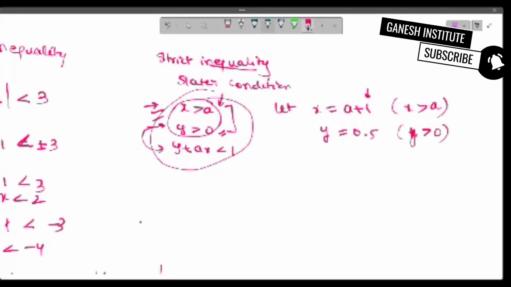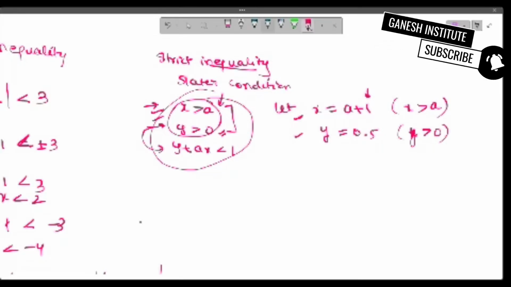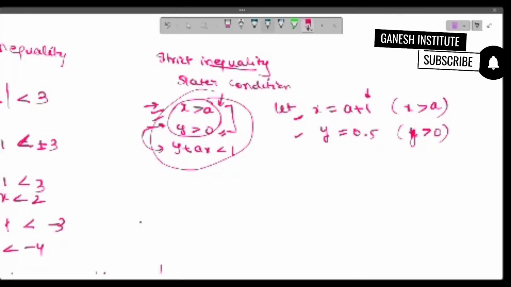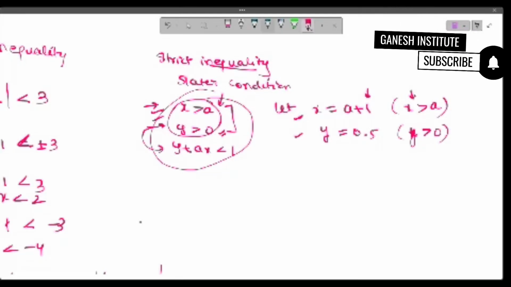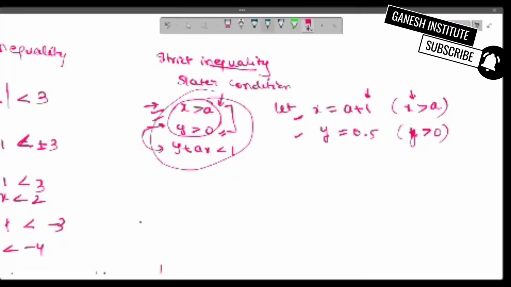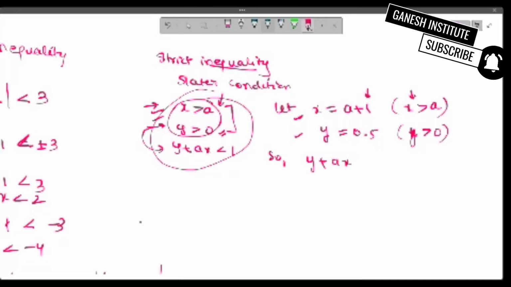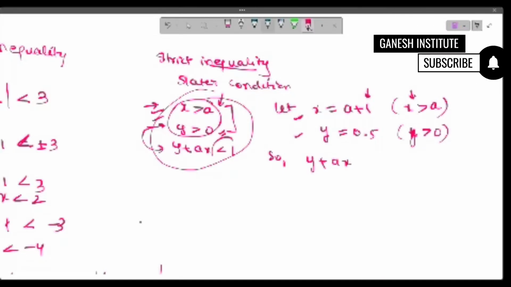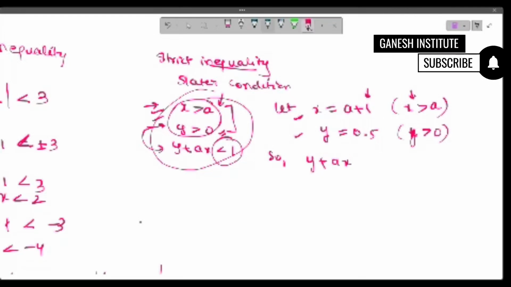Just see the logic. Once you have already considered that the first two are true, I mean, you have considered any value from the limit, then check it for the third one. Substitute all those values and see whether it is coming out as less than 1 or equal to 1. Okay?